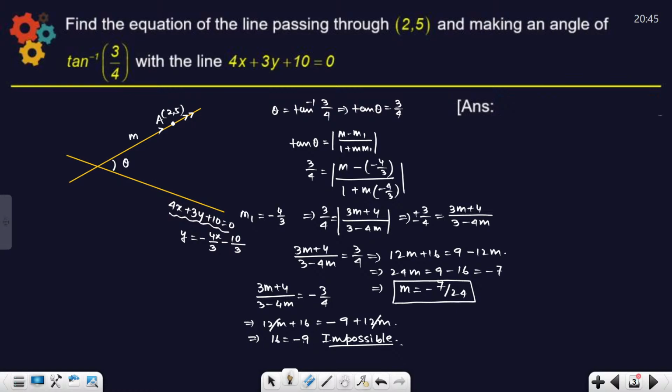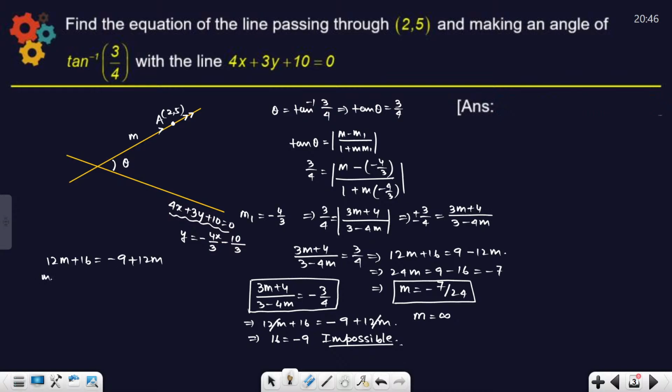Whenever this kind of thing comes, because this equation is basically a linear equation in m, and in a linear equation, if you find that your m is cancelled out, then always take the value of m as infinity. Why am I telling you this? See this one. We have 12m plus 16 is minus 9 plus 12m.